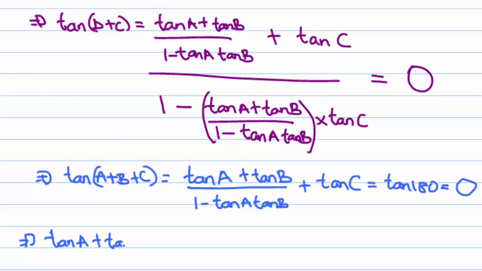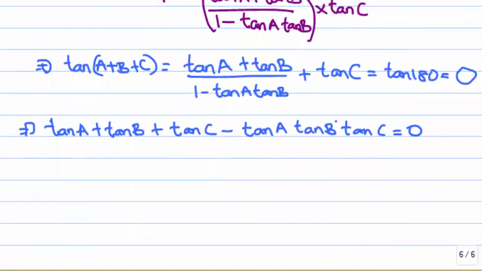So we remain with that smaller expression of the numerator. And once we also get the LCM down there, the denominator would have disappeared, and the numerator would remain as tan A plus tan B plus tan C equaling tan A tan B tan C. Thank you.